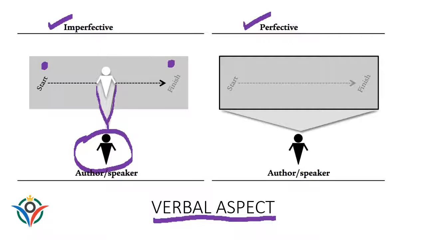On the other hand, the perfective verbal aspect we saw is defined as an action that is viewed as complete or as a whole.